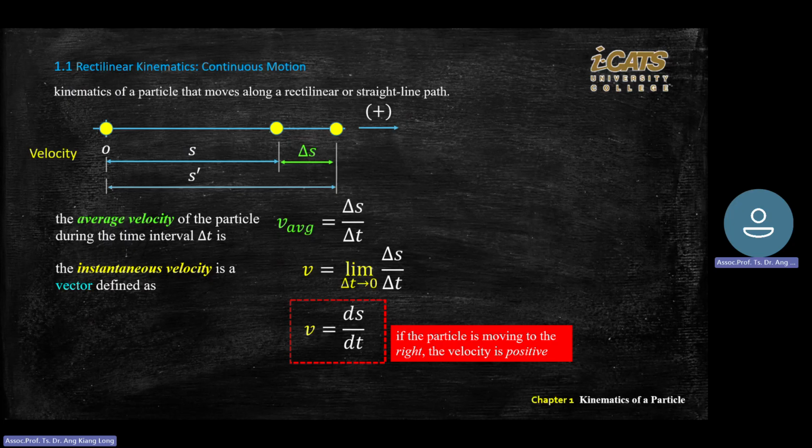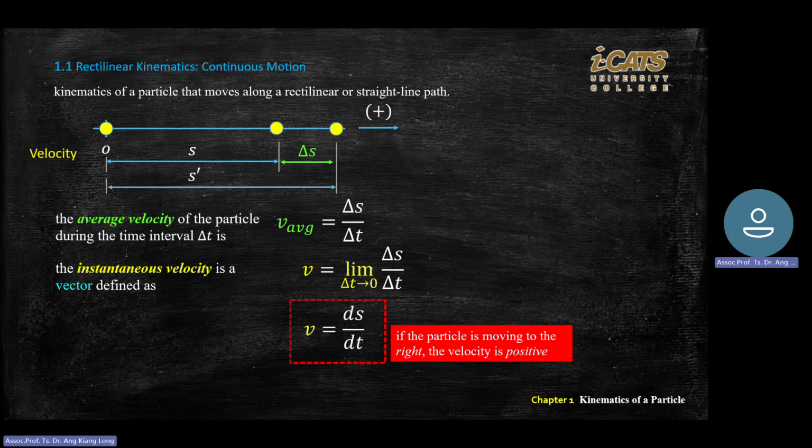If you are asked to find velocity, it means straight away you know it is the instantaneous velocity at that particular point. If you get a positive value when you differentiate and substitute the value of t, it means it moves to the right. And this is a vector.